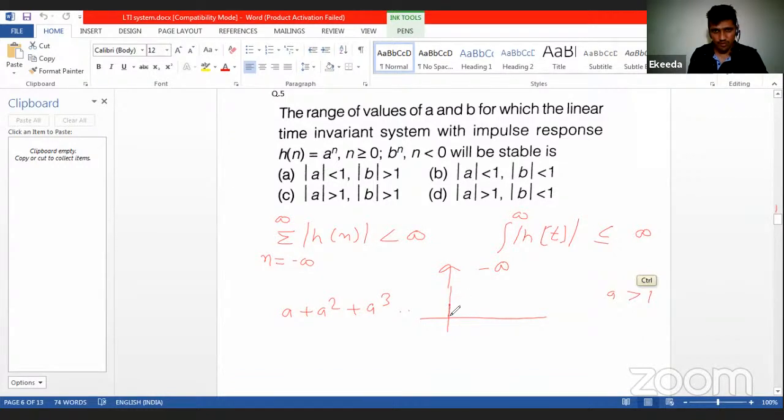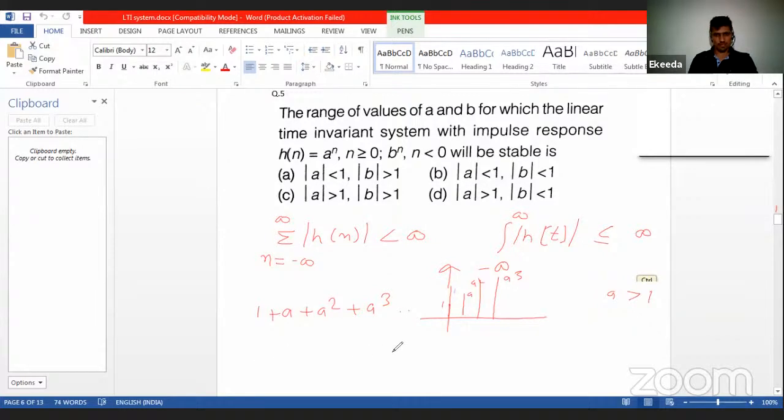This will be 1, then A, then A square, for n equal to 0, 1, 2, 3. This will keep on going, so the sum will not be less than infinity. So this is not right.